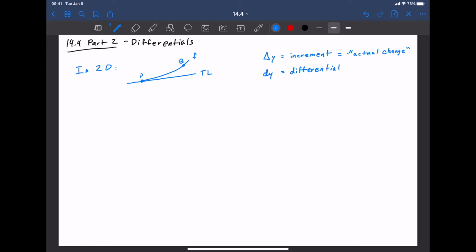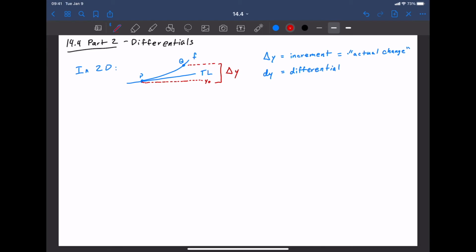In the picture, what's going on? Well, starting from P's height, that's y naught. That's the y we have. And so we're measuring. This is the actual change in y. That's what I mean by the actual change.